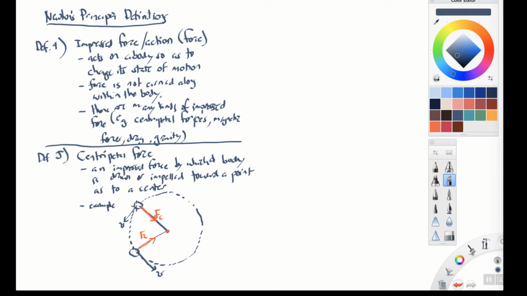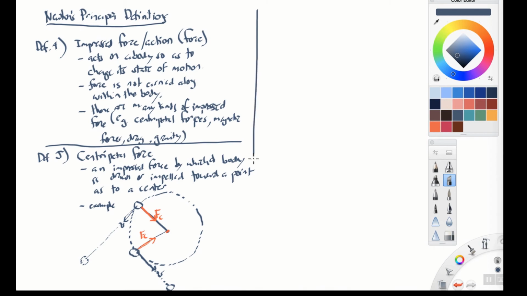Well, the rock would continue to move in a straight line in the direction that its velocity is at that moment. So it would fly off in this direction if we were to cut the string. And if we waited until it got around to here and then cut the string, the rock would fly off in this direction, right? So it would continue in a straight line tangent to the circle, but the centripetal force is preventing it from flying in the straight line. It's keeping it moving in this circular orbit.